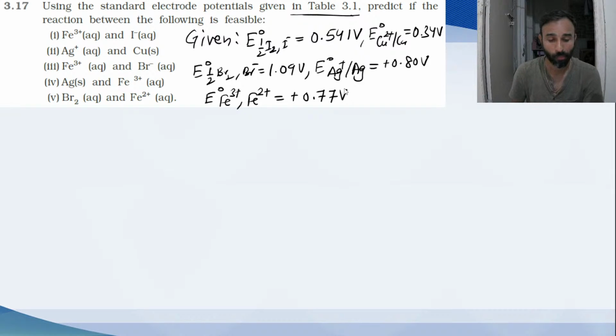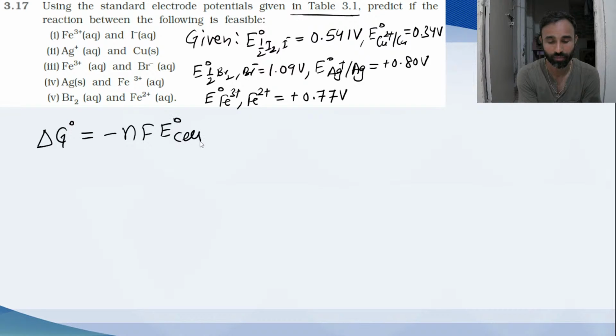Now, how do we relate them? Is it feasible or not? You know delta G naught. The relation between delta G naught and E naught is delta G naught equals minus nF E naught cell.